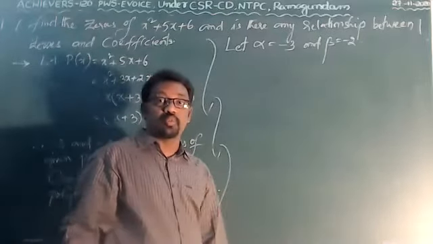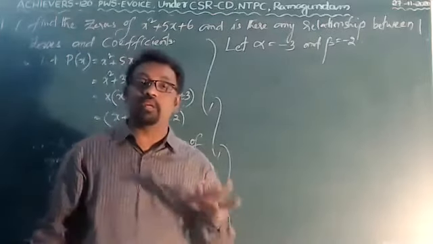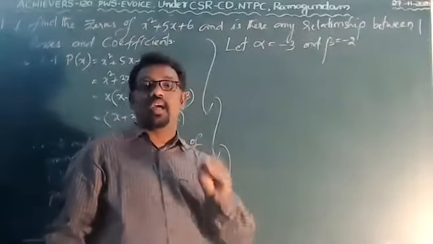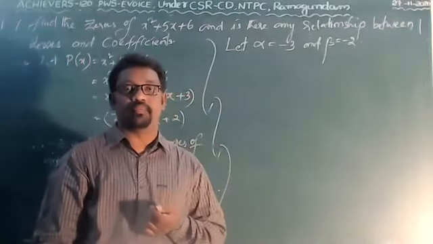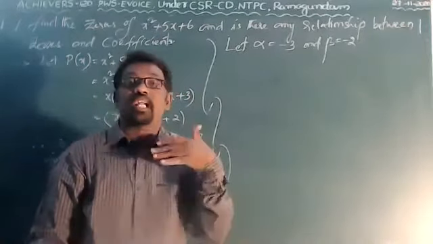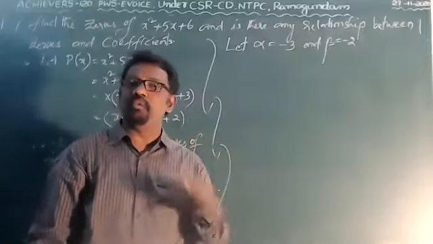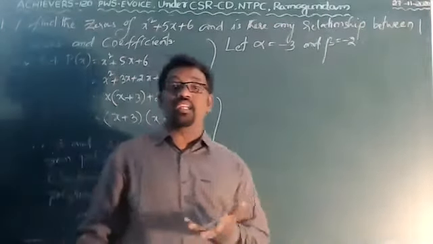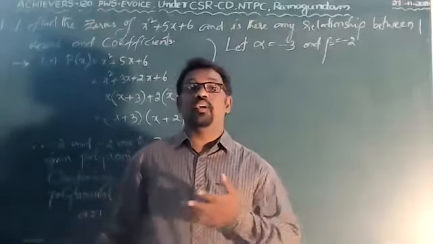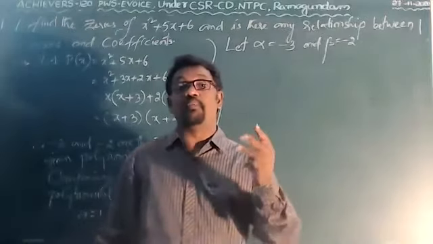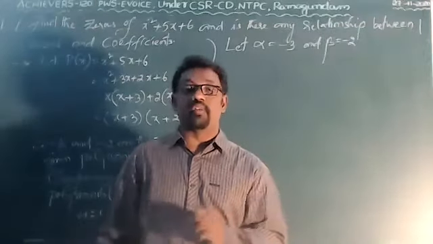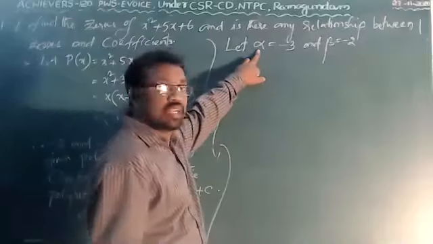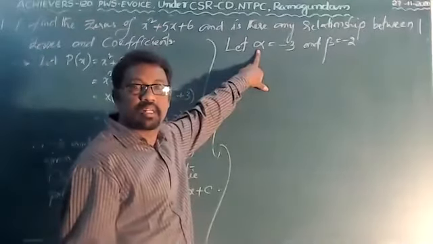Alpha and beta are called the zeros of the quadratic polynomial. We take alpha and beta because a, b, c are already used. In mathematics, generally the zeros can be taken in the form of alpha, beta, gamma; in physics also you can see these symbols.